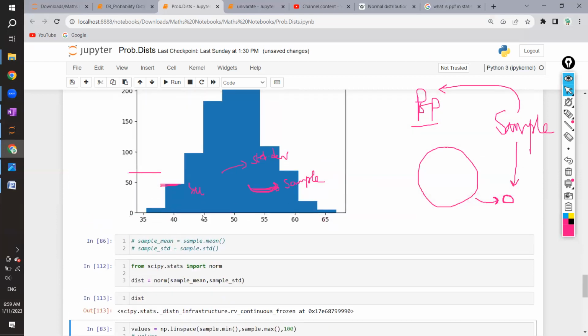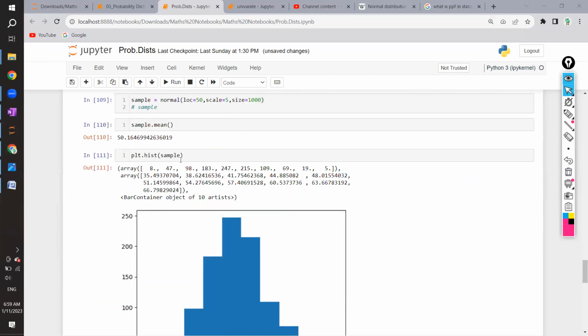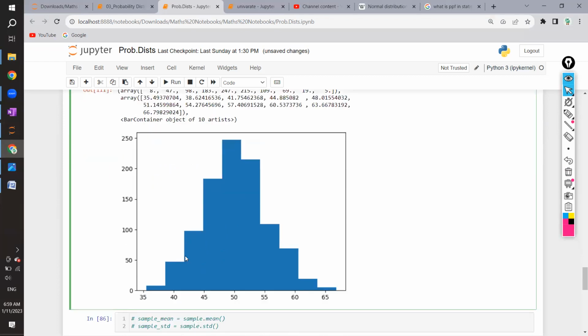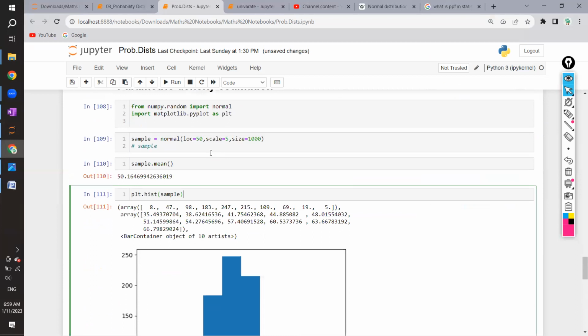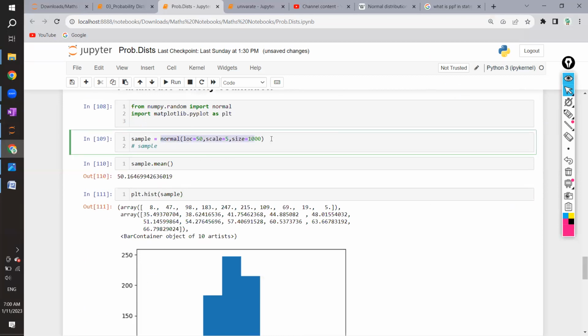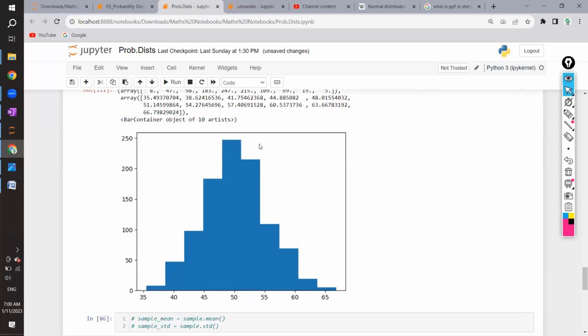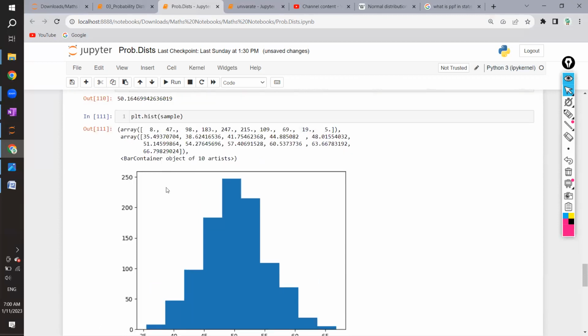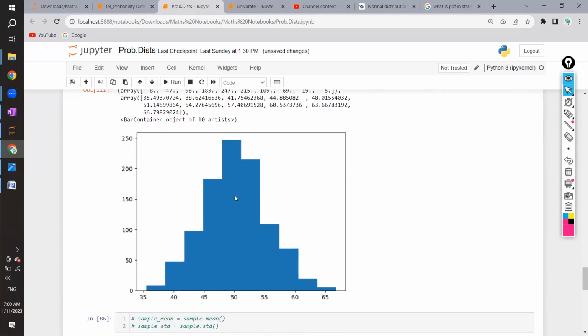So once you have this sample, 1,000 values generated, you can assume this is a normal distribution. Try to understand here, I deliberately took the normal distribution just to show you. But suppose you have roughly 1,000 values and you have plotted the histogram, and this is some continuous variable.